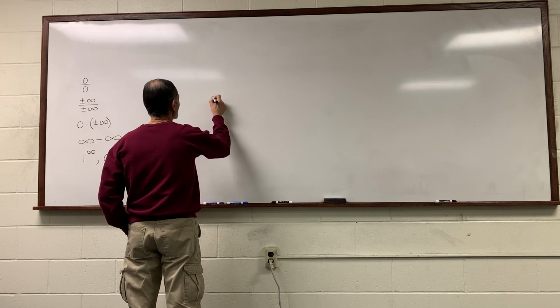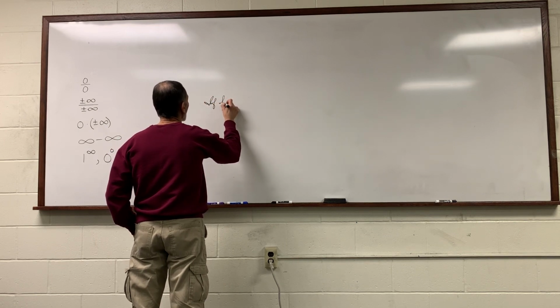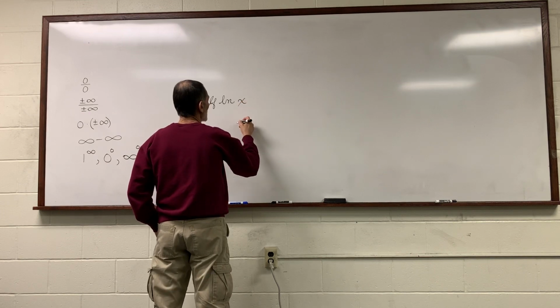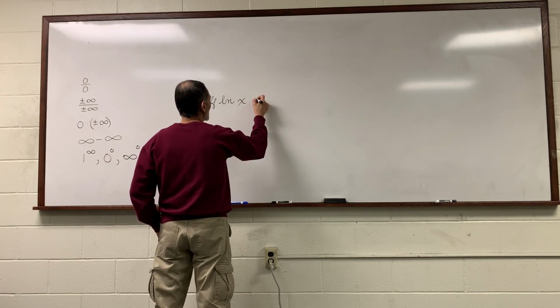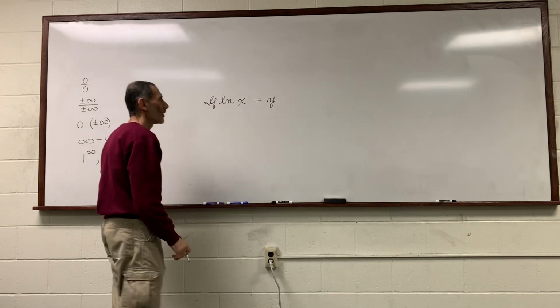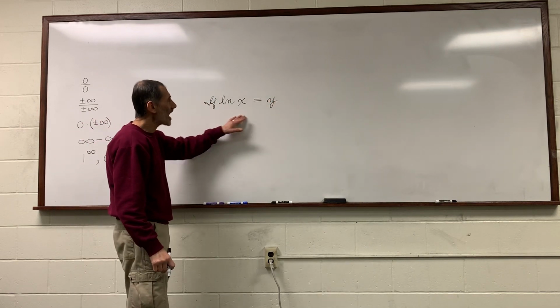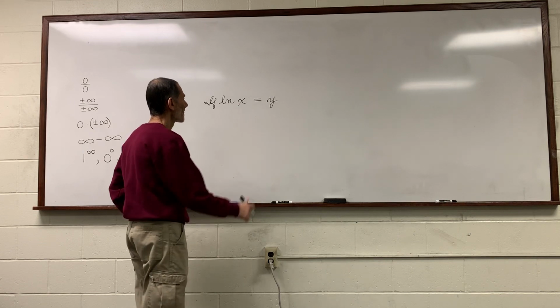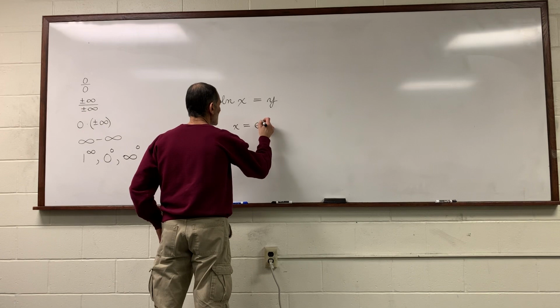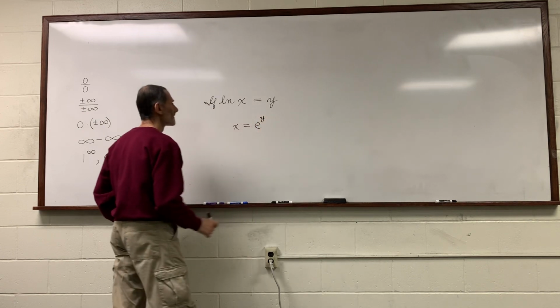And that is this. If the log of something, whatever it is, I'll just call it x, is something, y. If that's the case, if the log of x is y, then x equals e to the y. Right?